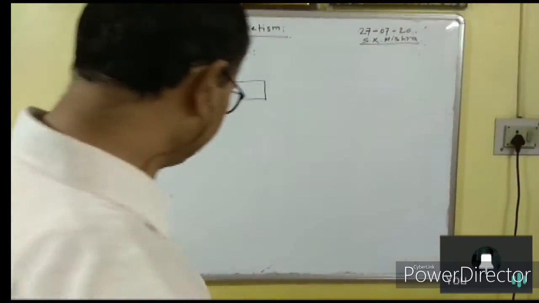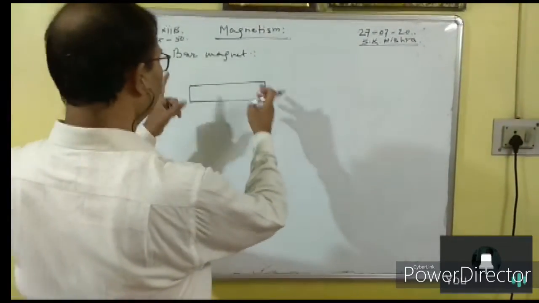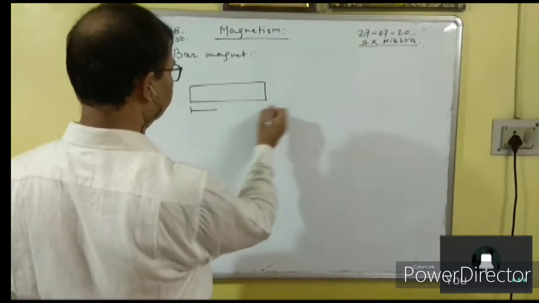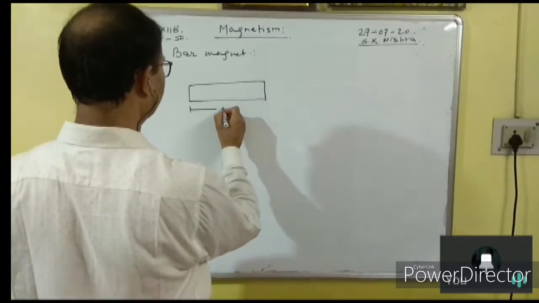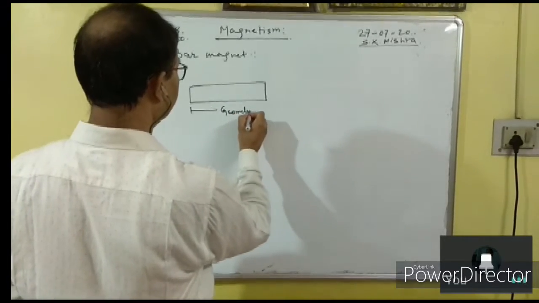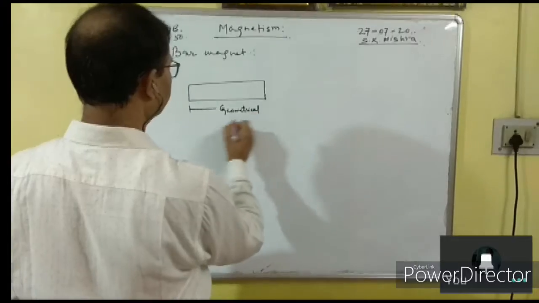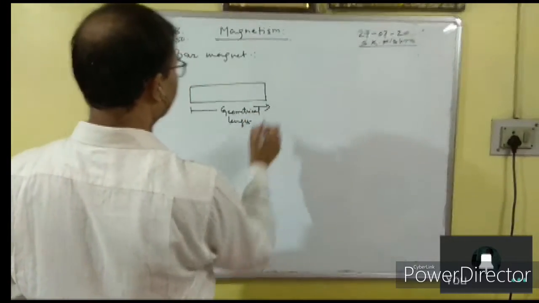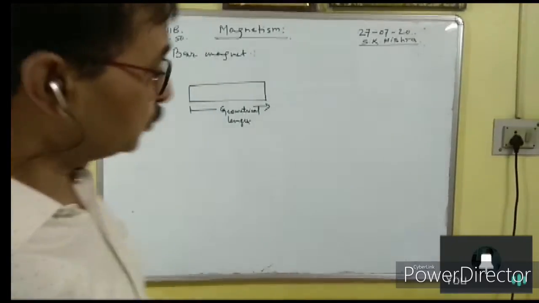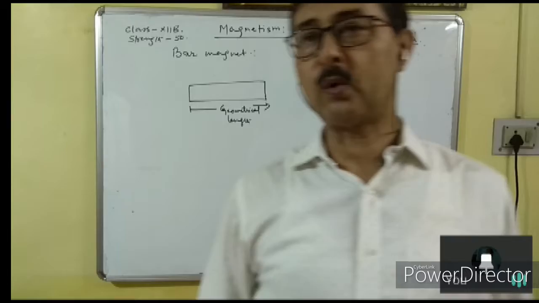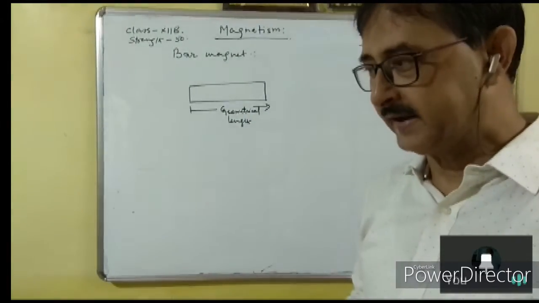Now, this magnet has a geometrical length, and actually, this length is called geometrical length. And every magnet has two poles.